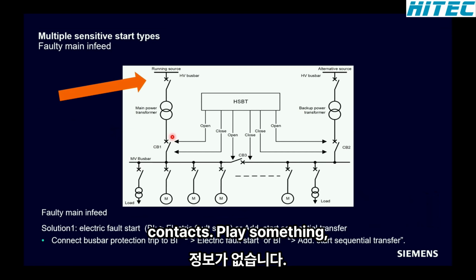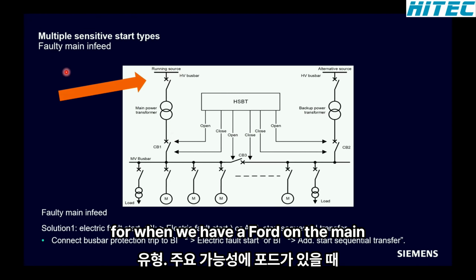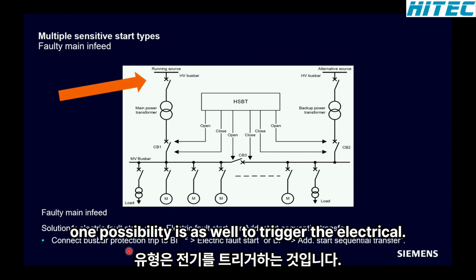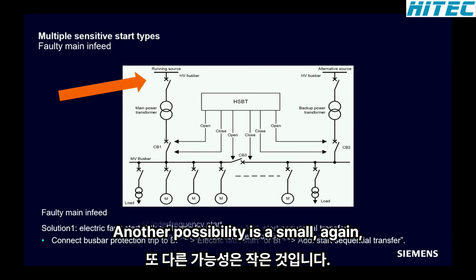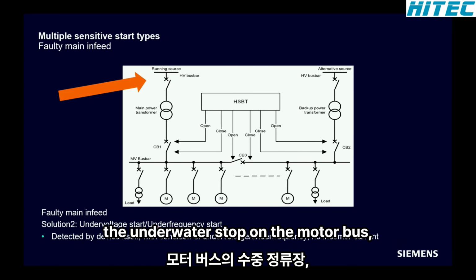For example, we have a fault start type or multiple sensitive start type for when we have a fault on the main infeed. One possibility is again the binary input to trigger the electrical fault start. Another possibility is again the under voltage start or the under frequency start on the motor bus.